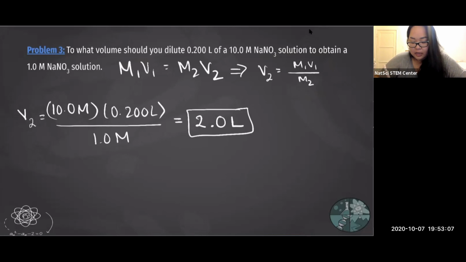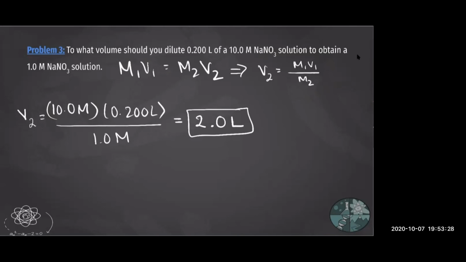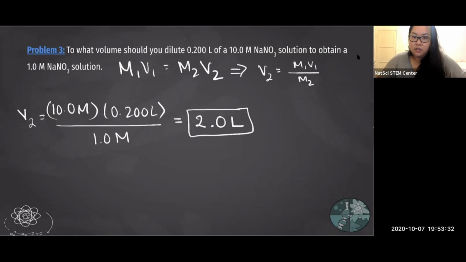So you can just plug it in as is, where M1 times V1, which is 10 times 0.200 liters divided by 1, and you're left with 2.0 liters. You guys all get the same answer? Yes. Okay. Any questions?